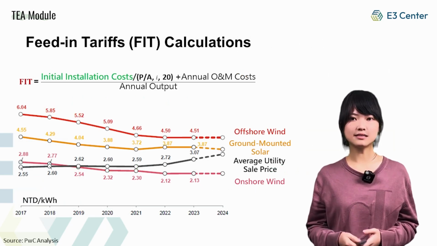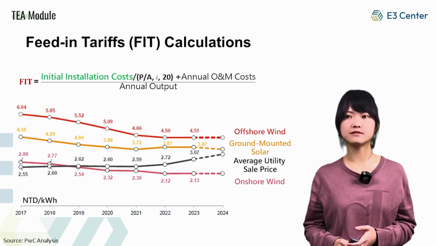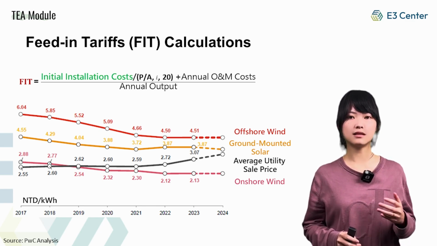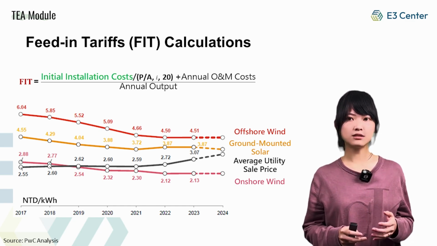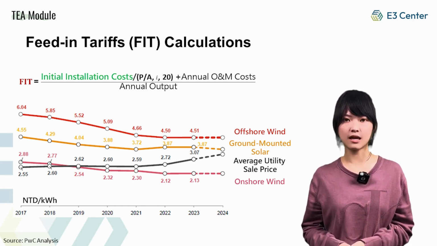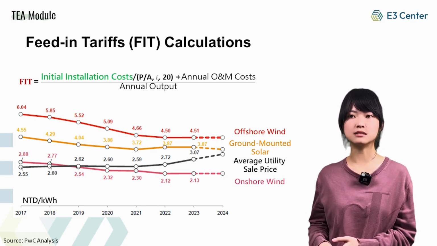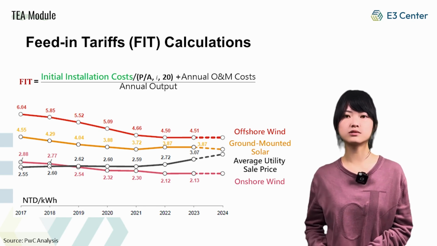So here, let's examine the historical trends in feed-in tariffs for various renewable energy sources in Taiwan over the last 8 years. As seen in this figure, FIT rates generally decrease over time. This trend is largely driven by advancements in renewable energy technologies, which lead to reduced cost.